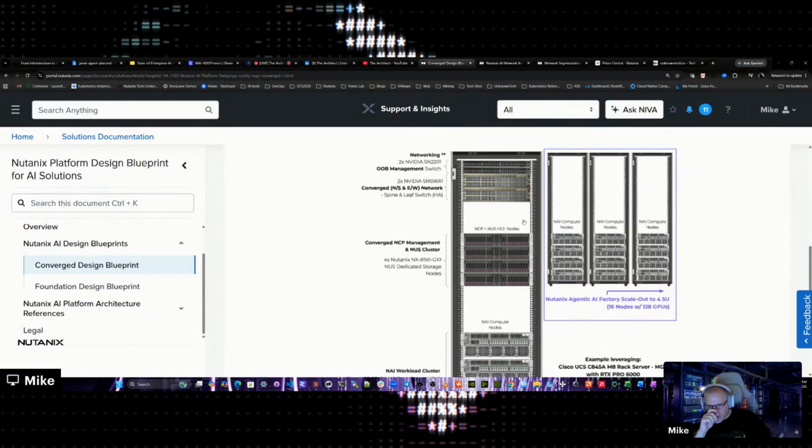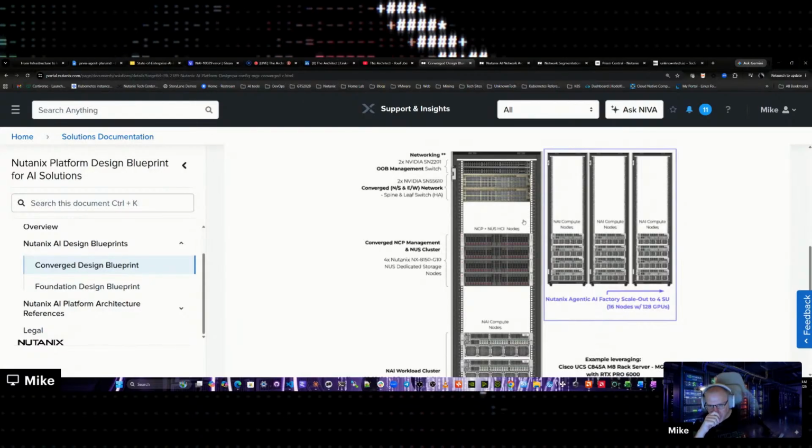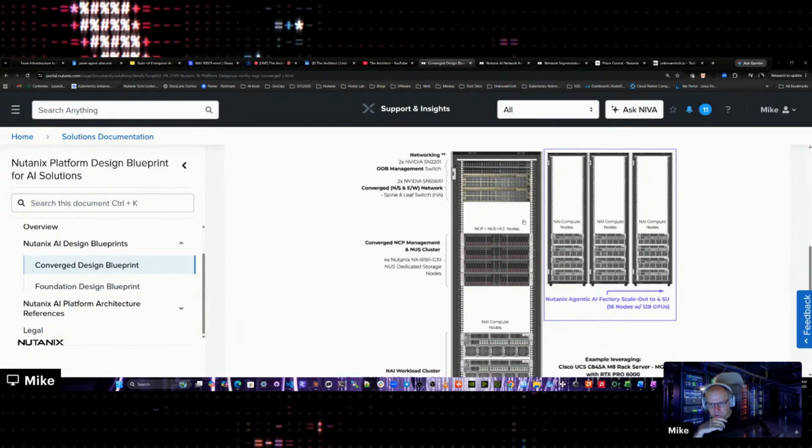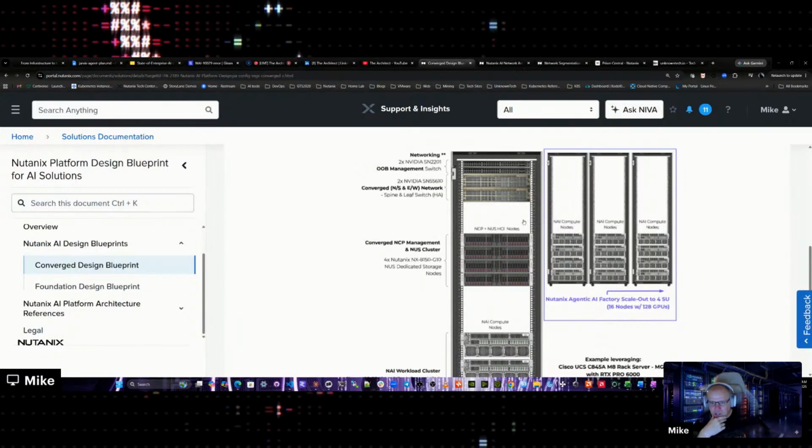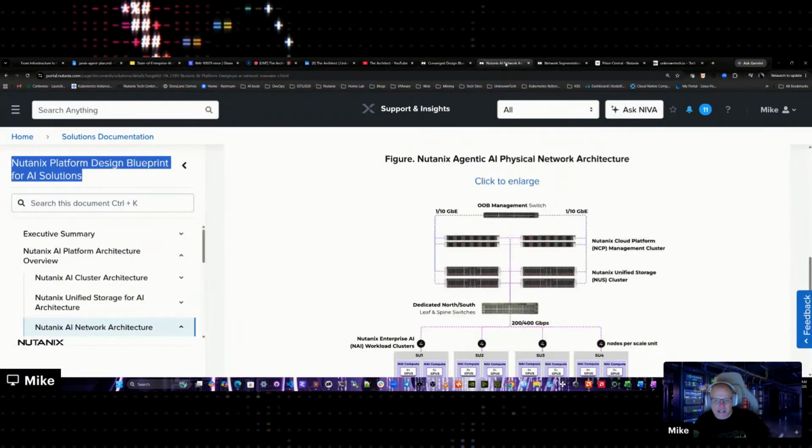So if you know that you need massive throughput, you need to support this many GPUs. So for example, say you need to support based on this.